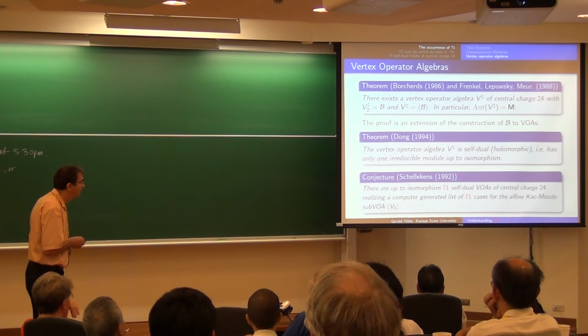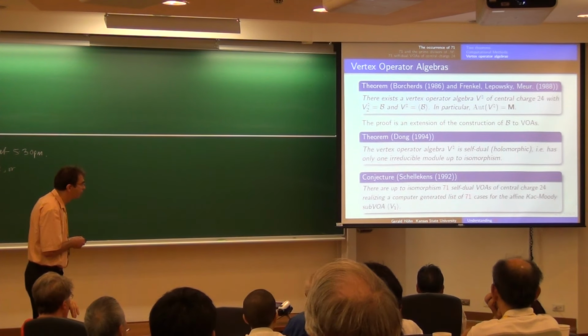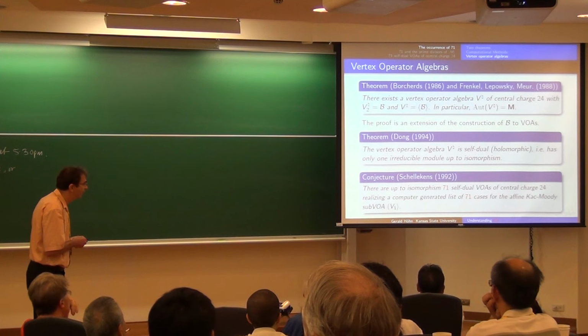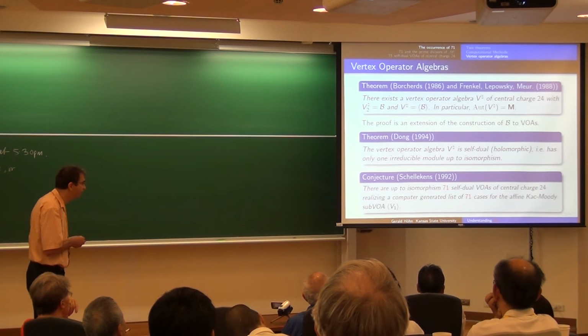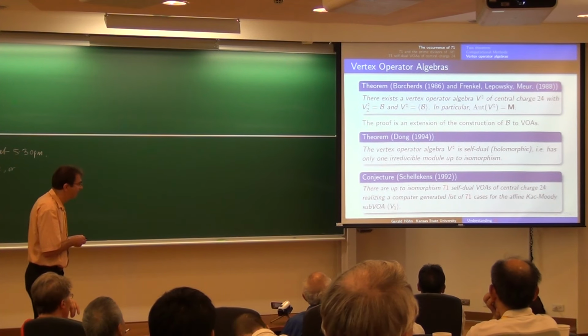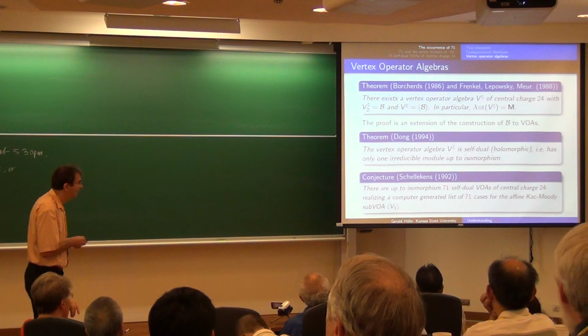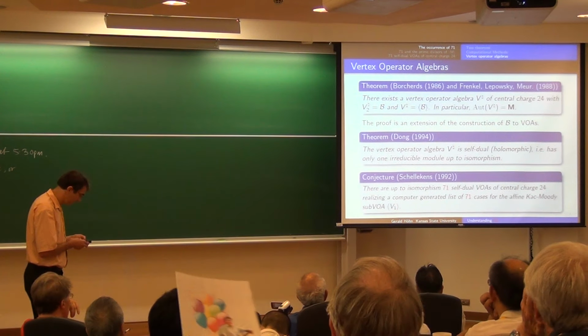This is the subvertex operator algebra generated by the degree 1 part of the vertex operator algebra. This is well understood, this affine Kac-Moody vertex operator algebra, and he gave a list of 71.